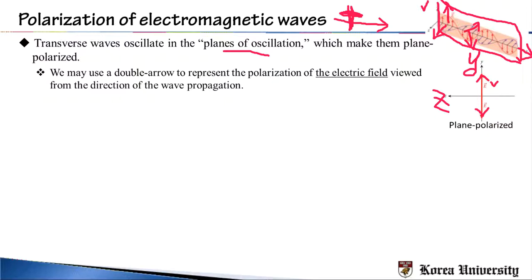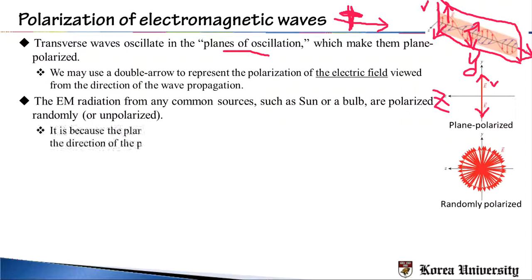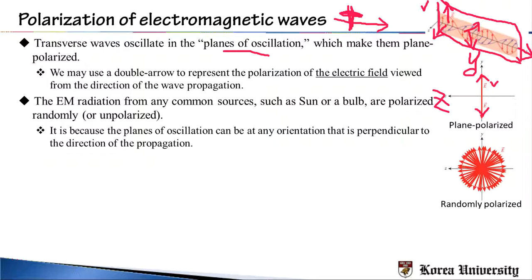But the important thing is that when you observe light from the sun or from a lamp, there is no particular reason why the electric field will be along the y-axis, right? In fact it can typically be any direction, for example like this. So it is all around this 360 degree direction. We call it randomly polarized or unpolarized.